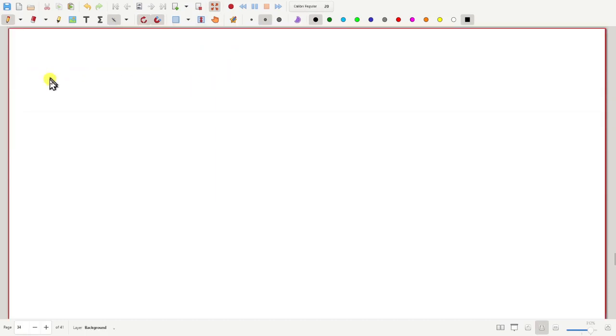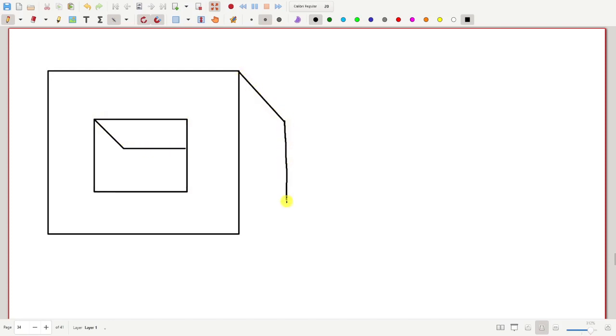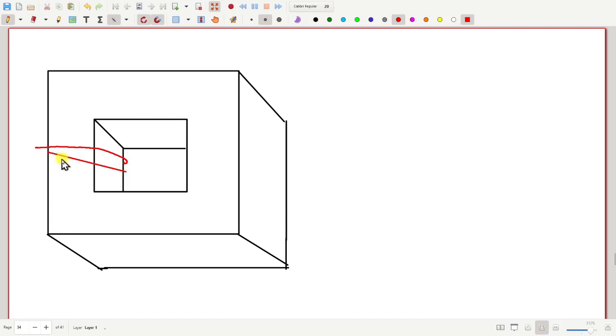Suppose I have a core like this, and then I have a coil, and suppose the supply is given here.